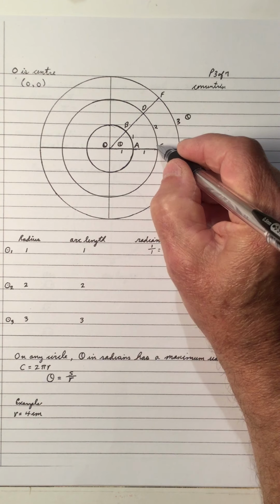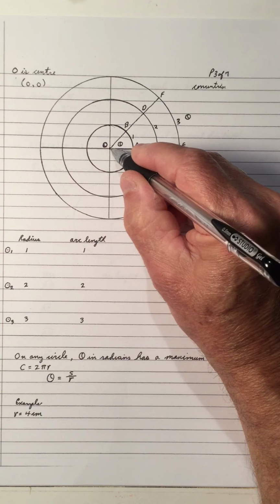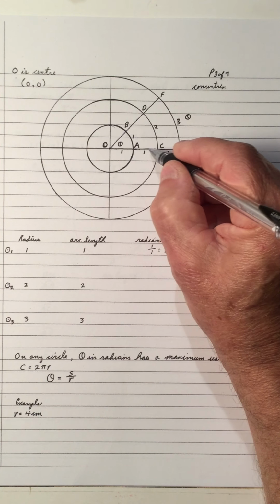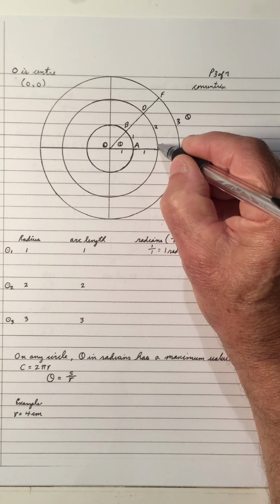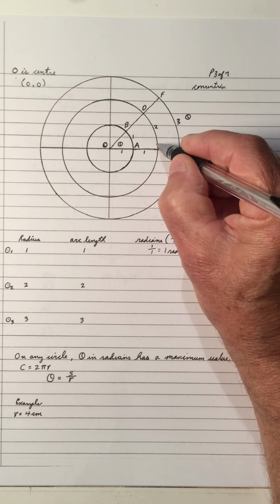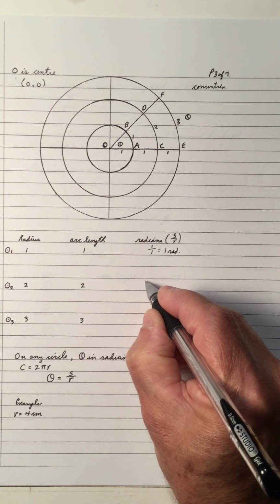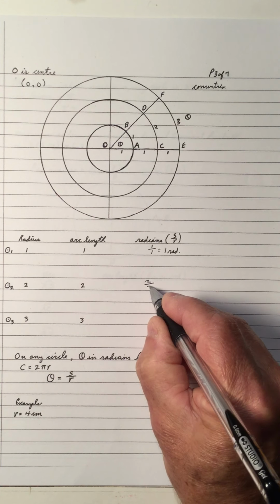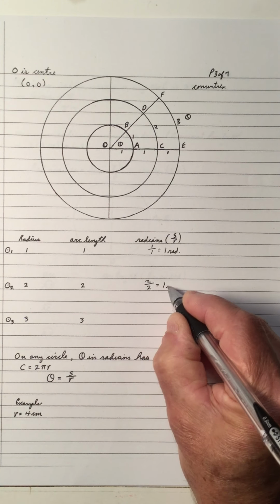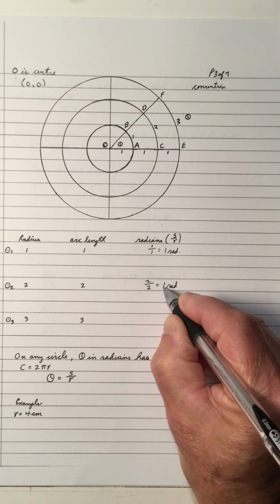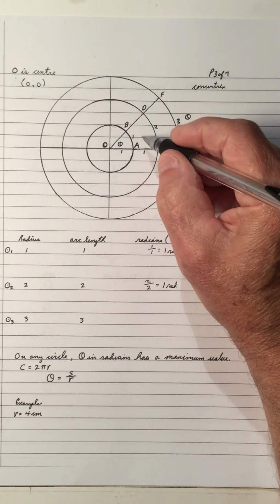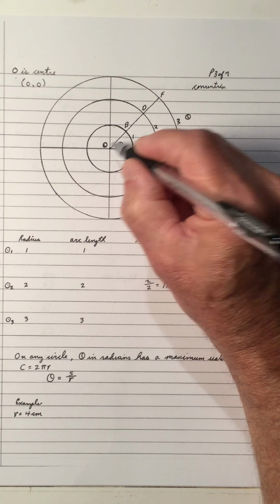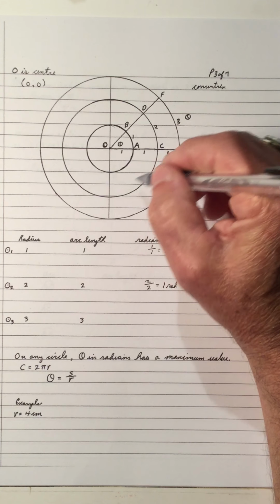In circle 2, the radius is 1 plus 1, so the radius is 2, and the length of this arc is 2. So the arc length 2 divided by the radius 2 gives 1 radian.